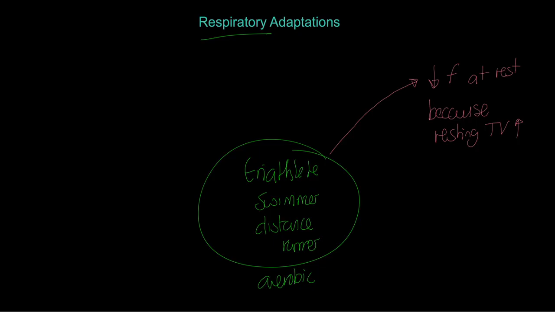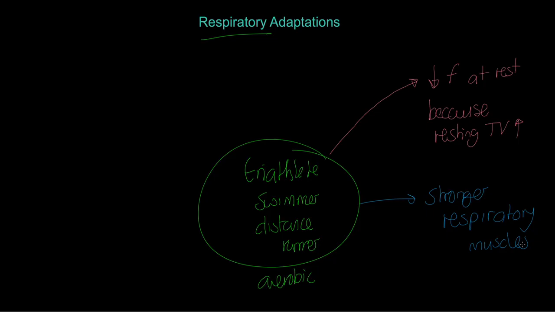Well, how has that happened? Why has that occurred? And we know that that's occurred because we now have stronger respiratory muscles. So think about diaphragm, think about internal intercostals, think about well, just those two actually in this particular case at rest, because they've got stronger respiratory muscles for that reason. The resting tidal volume has gone up.